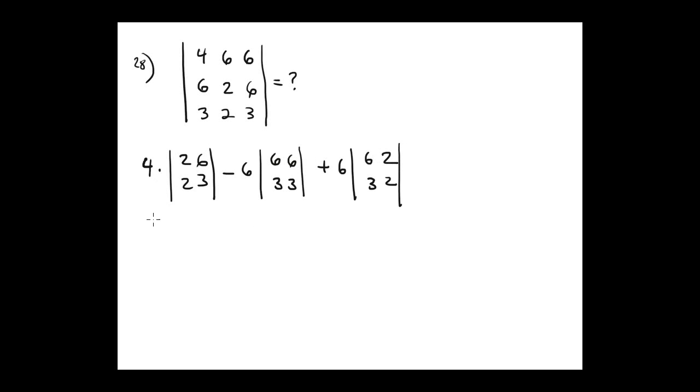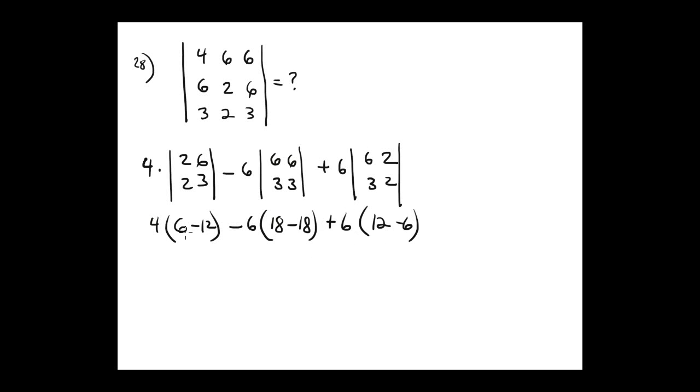When you compute this, it is 4 times, this is 6 minus 12, minus 6, this is 18 minus 18 is 0, plus 6, this is 12 minus 6.